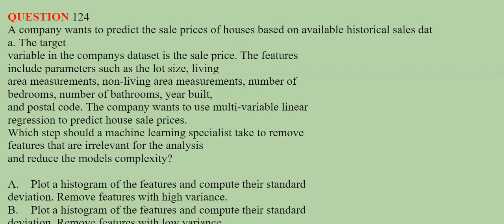The company wants to use multivariable linear regression to predict house sale prices. Which steps should a machine learning specialist take to remove features that are irrelevant for the analysis and reduce the model's complexity?